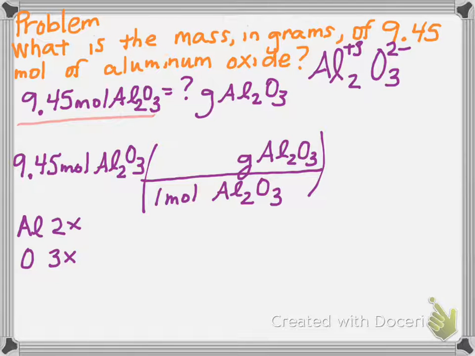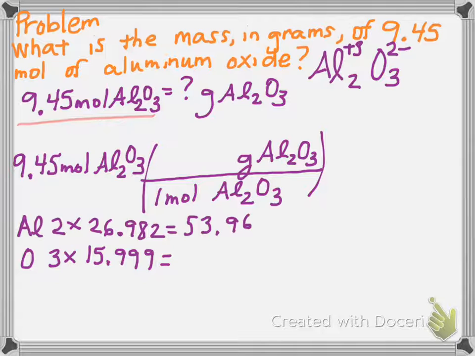Okay. Aluminum's mass from your periodic table is 26.982. Oxygen is 15.999. Again, what I'm showing you right now, this is not work that you're required to show me. I'm showing this for the people who are still struggling with where do we get these numbers from.